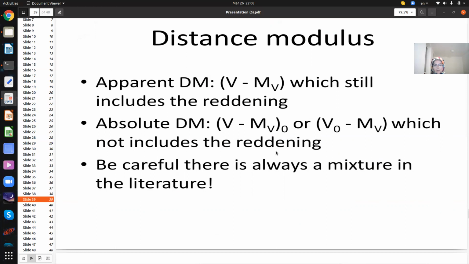The subscript 0 means the reddening is not included.